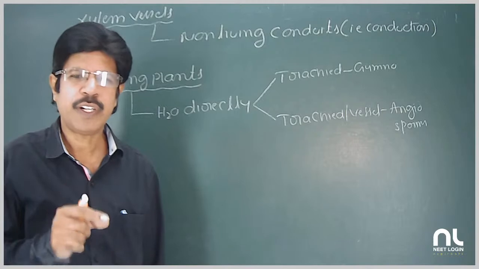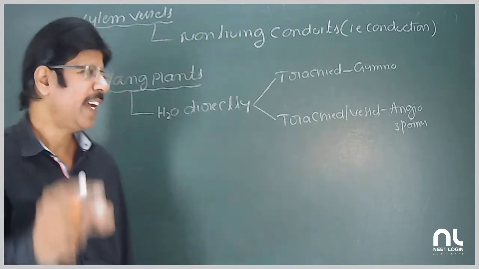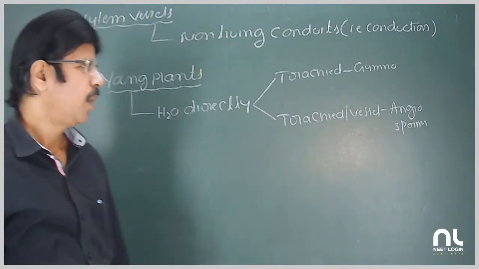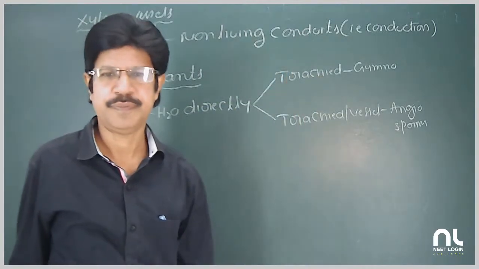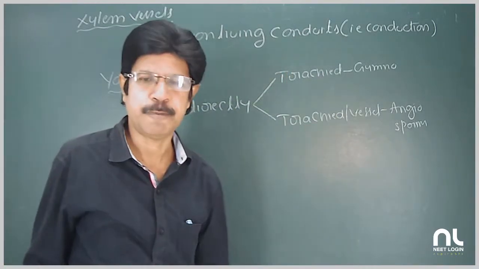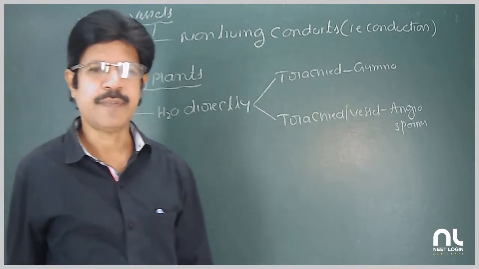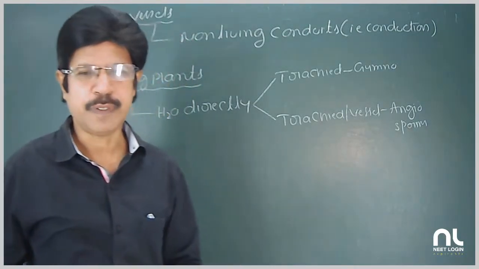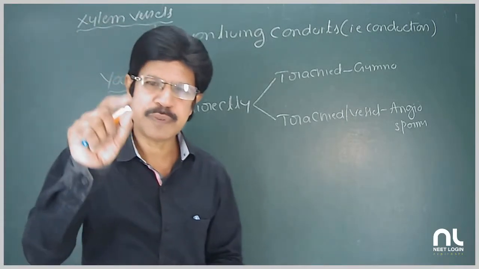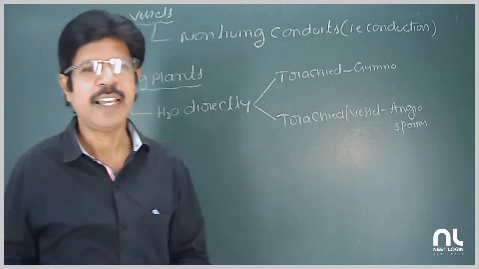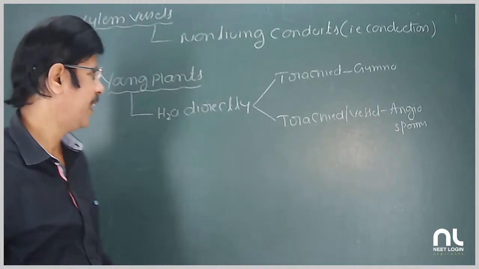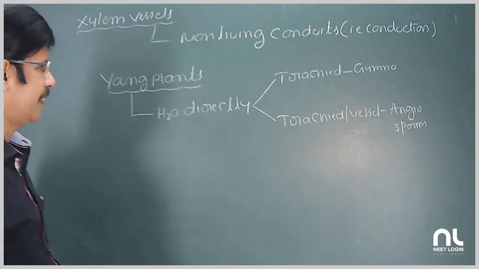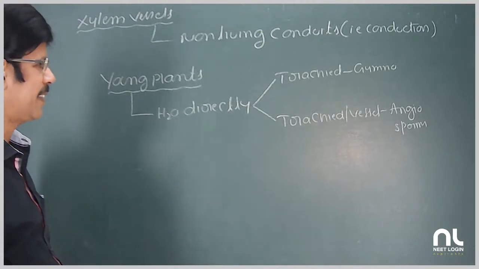The water directly enters trachea or trachea and vessel. Only trachea in gymnosperm, or trachea and vessel in angiosperm, because tracheids are the conducting elements in gymnosperm, and trachea and vessel are conducting elements in angiosperm. Only tracheids in gymnosperms and pteridophytes, trachea and vessels in angiosperms. Okay.